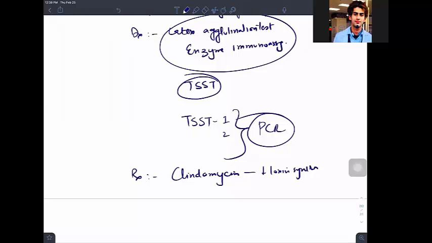Okay, but if you see it is resistant, now tell me, if the patient has community acquired methicillin resistant Staph aureus infection, which drug will you give? We said that for a Staph aureus infection, we used to give methicillin.